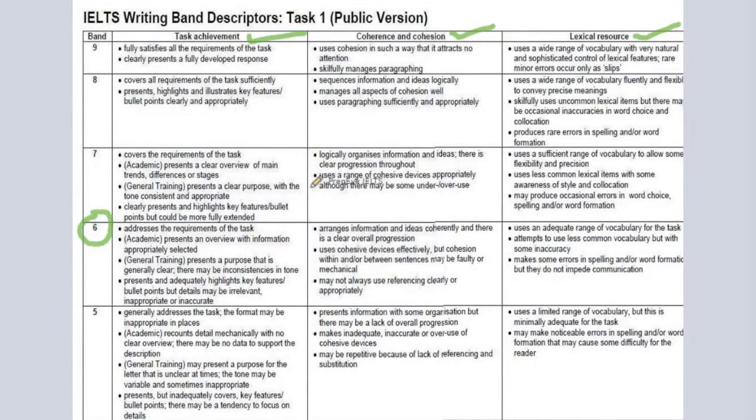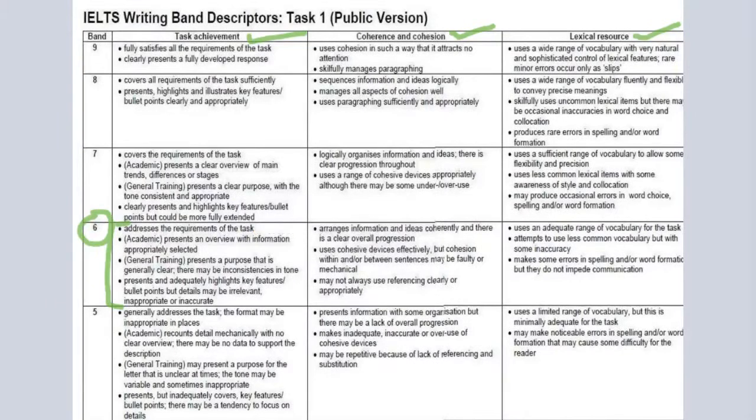Probably we're making the mistakes that are mentioned in this particular box. Task achievement says that you do not address the requirements of the task. The task or the question is basically asking you to do something. The essay question is asking you to tell the answer to a particular question.